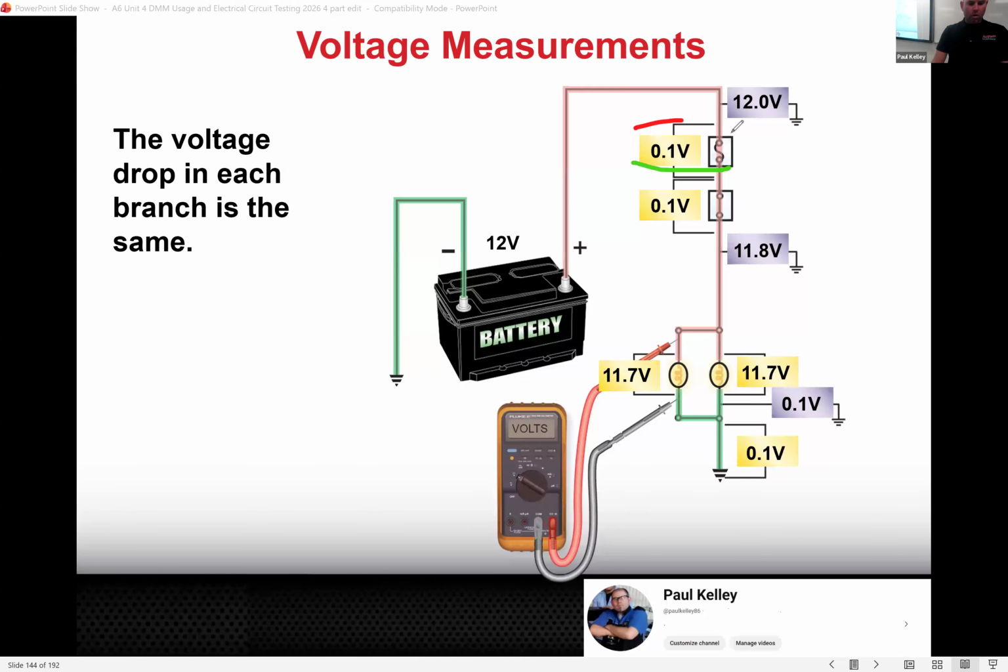And at that point, all we're doing is testing between the red and the green. So what are we voltage dropping? Just the fuse. A fuse should drop like nothing, like a 0.1 or maybe less. And I could voltage drop the switch, which should drop a 0.1. And I should voltage drop the load of the circuit, which should drop basically everything, minus whatever little pennies we lost. Make sense? So you could available voltage this, or you could voltage drop it.